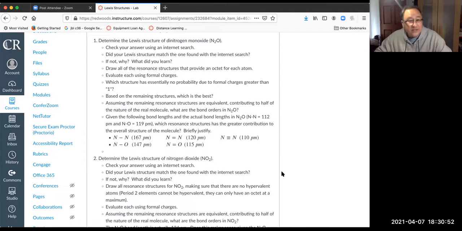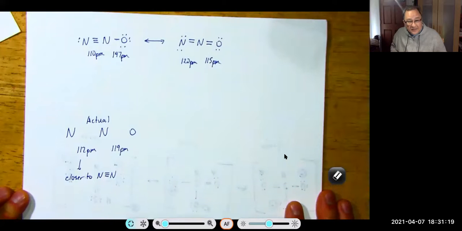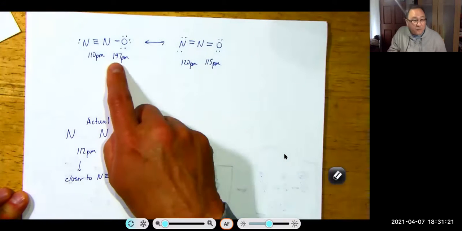Now, the typical nitrogen-oxygen bond length for a single bond is 147 picometers. And for a nitrogen-oxygen double bond, it's 115 picometers. So if we take a look at these numbers here, this is what a single bond is, so 147.